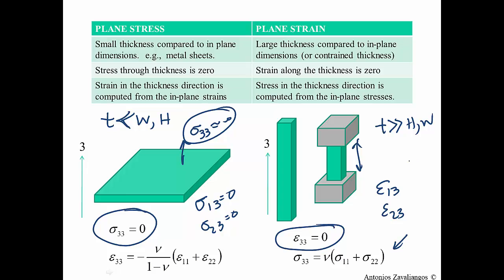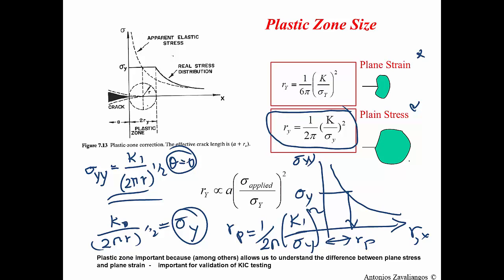And based on these two situations, we have two different estimates for the plastic zone. So one is for the plane strain, and one is for the plane stress. And there are two important things to remember here.